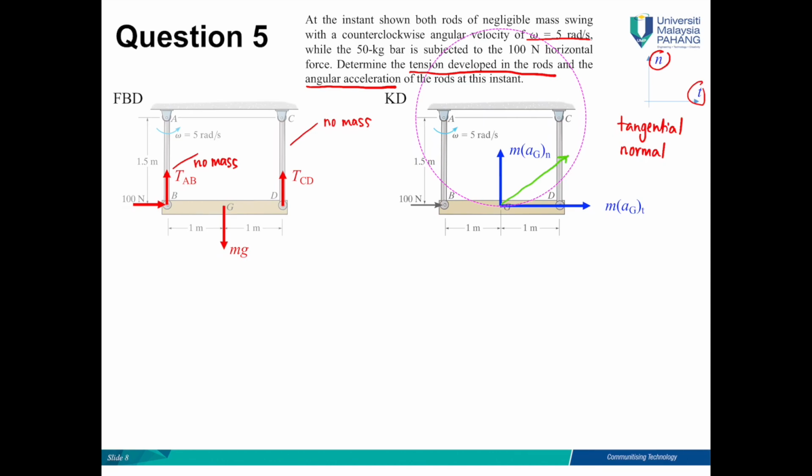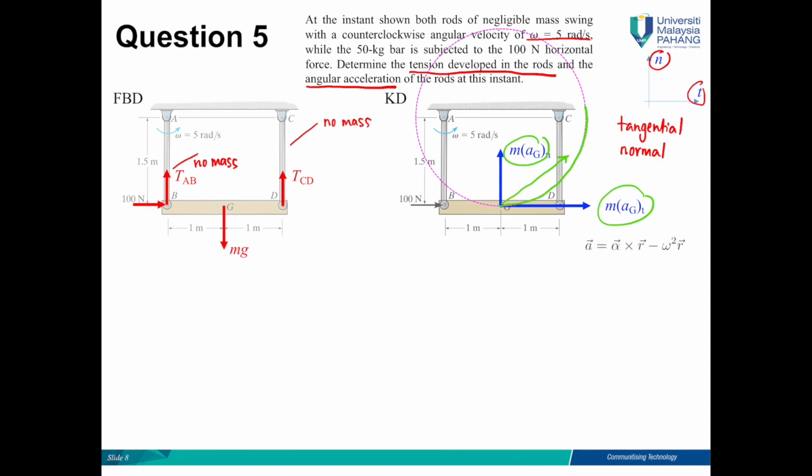G will travel along this path like that. So there will be two motions involved in two axes, and because this is a translation, there will be no rotation involved. So that completes the kinetic diagram.